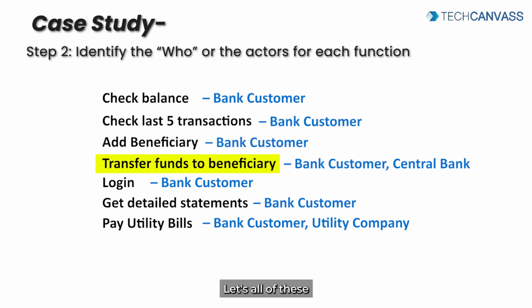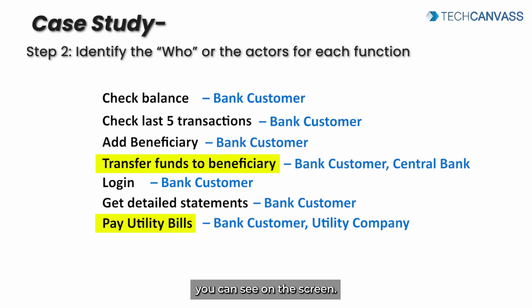Let's put them together as one actor called external organization. Similarly, while you're paying the utility bills, the utility payments go to the utility companies and they have to confirm that they have received the payment so that the customer's account can be updated. So it is possible to have more than one actor for certain use cases, as now you can see on the screen.